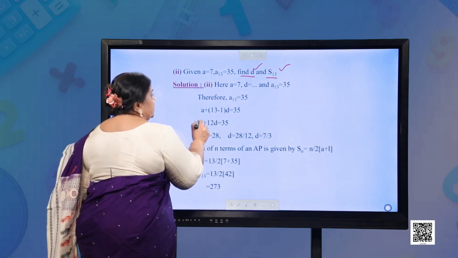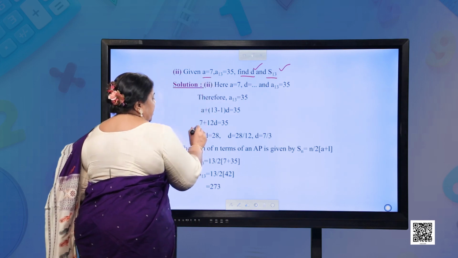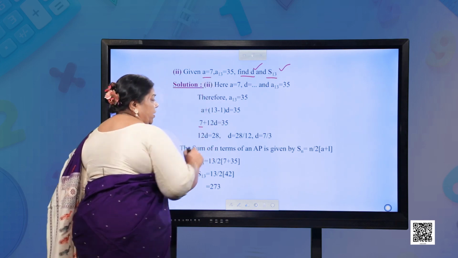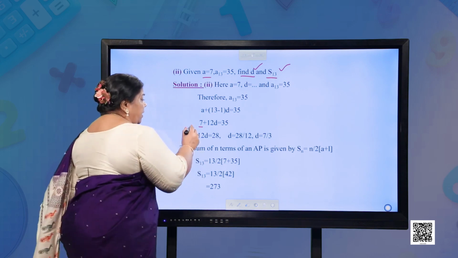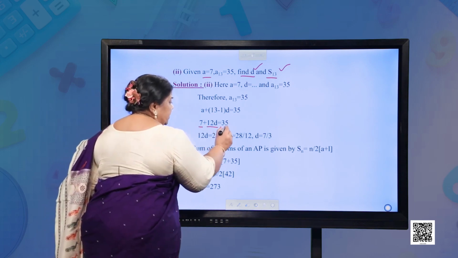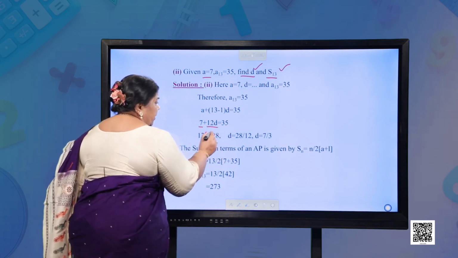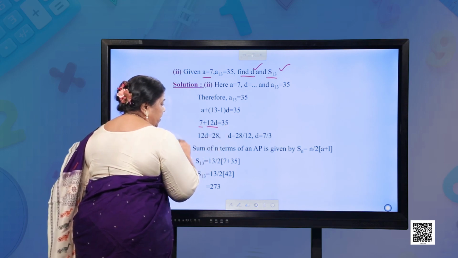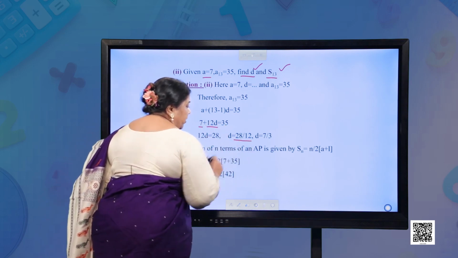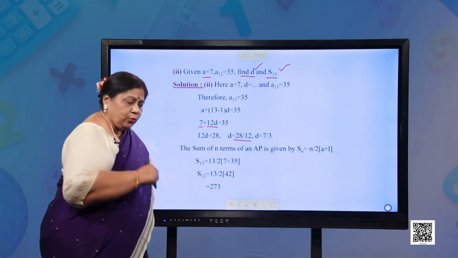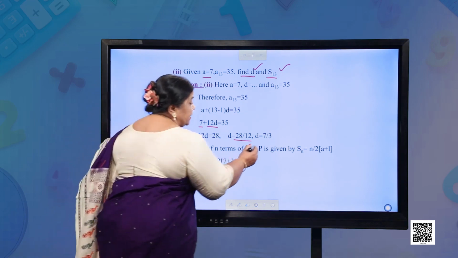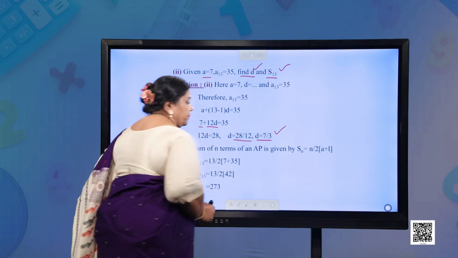So, A is 7, we are substituting the value here, 7 plus what is 13 minus 1? 12. So, A is 7, 7 plus 12D is 35. What is 12D? 35 minus 7, that is 28. So, value of D can be calculated, it is 28 upon 12, which can be simplified as 7 upon 3.